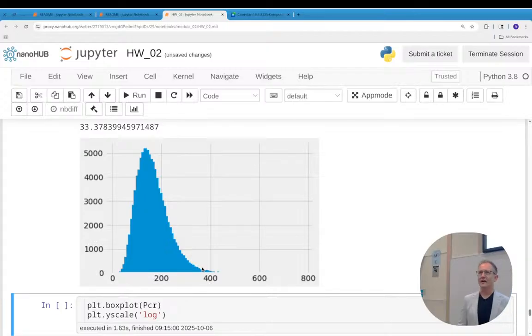Like this histogram, does it tell me anything? This is the number of buckling loads, like how many times there was a buckling load versus at what load it actually buckled.